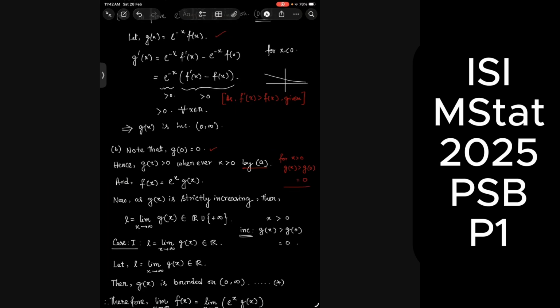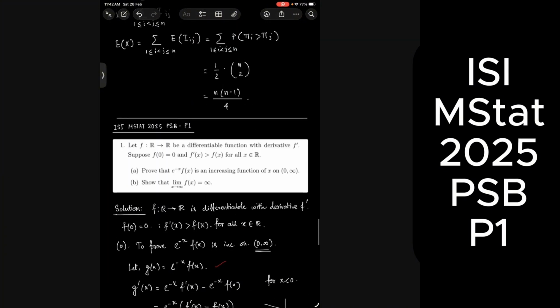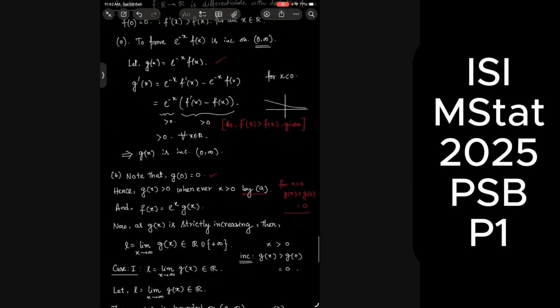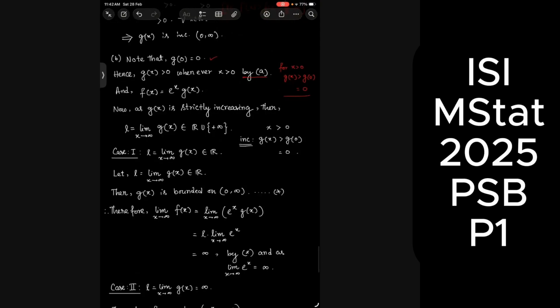If I take the reverse, f x is e to the power x into g x, and first we have to show that the limit of f x tends to infinity. So let f x be equal to e to the power x into g x. We can write this from here.